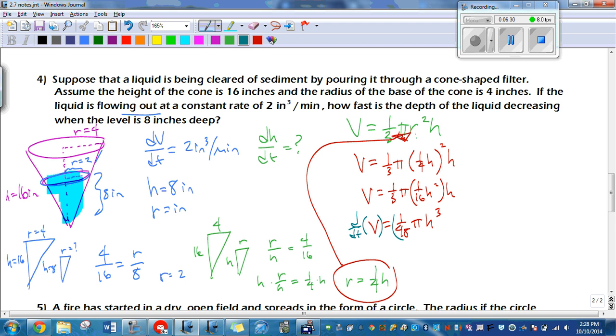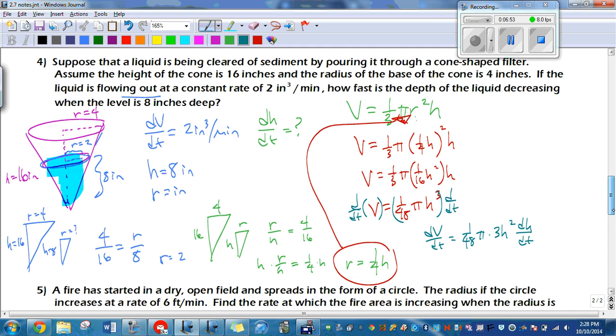So we're in that third step of the process. Take the derivative of both sides with respect to time. We get dV/dt, the derivative of V with respect to t. Over here, 1 over 48 and pi are constants, so we can keep those in front, times the derivative of h cubed, which is 3h squared dh/dt.